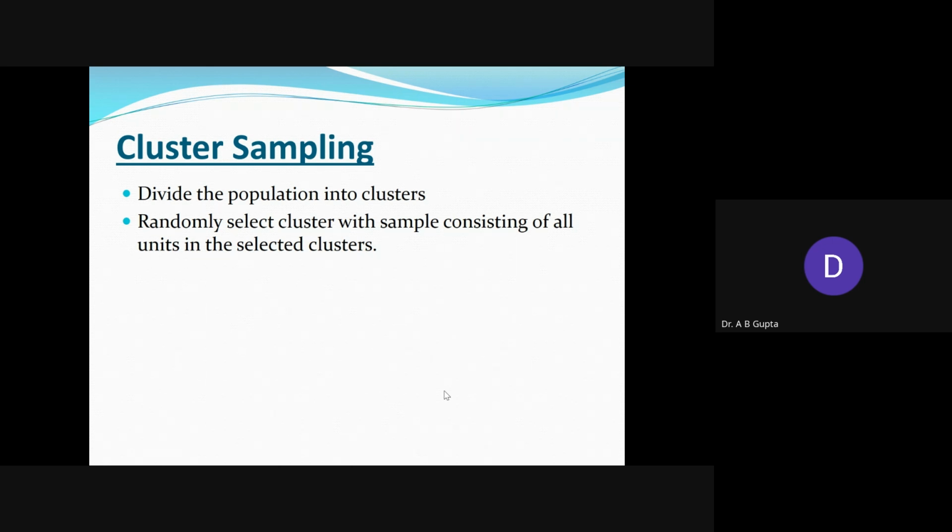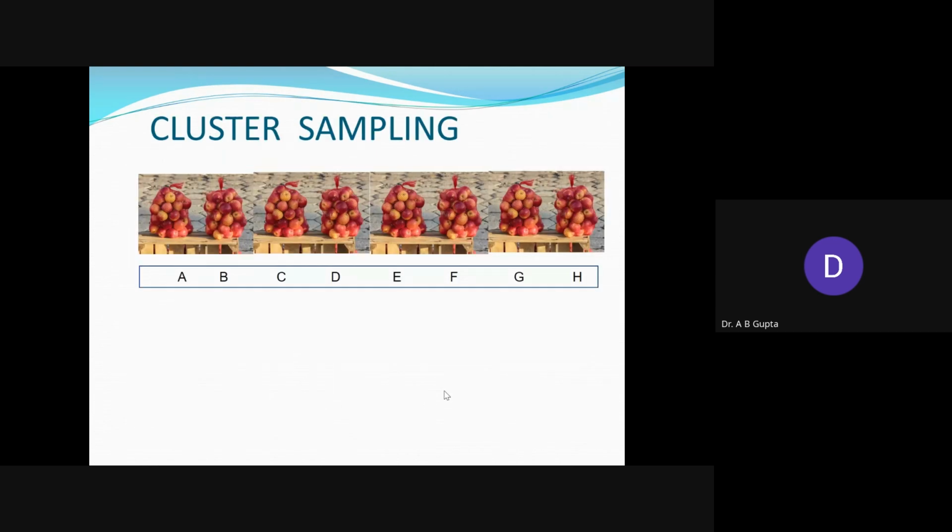Just let me give you an example, and that will make it very clear. Okay, so this is cluster sampling. Suppose there are a large number of apples. I want to check the quality of apples. Maybe thousands of apples are coming nowadays in the market, and someone will be checking the quality.